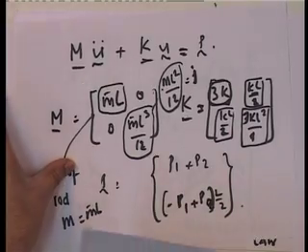Let me now look at a situation where I have the same problem, and I want to show you that the mass and stiffness matrices are indeed not property matrices, but they are property matrices corresponding to the degrees of freedom. This is a very important point to be noted, and the way I will do it is by solving the same problem by defining degrees of freedom somewhere else.